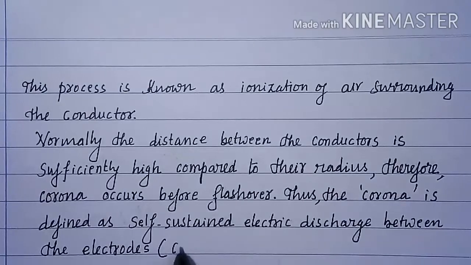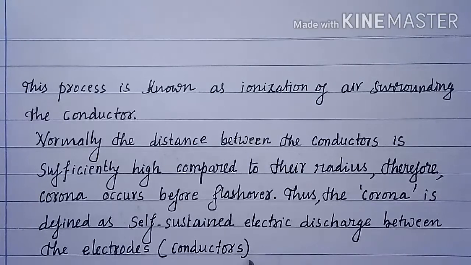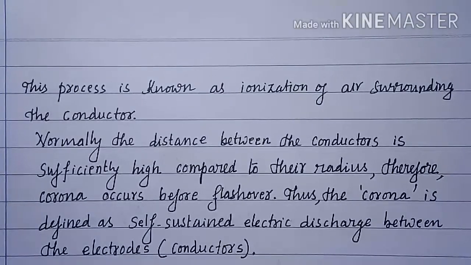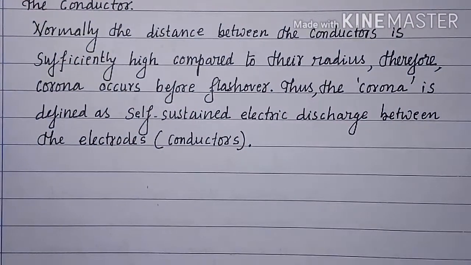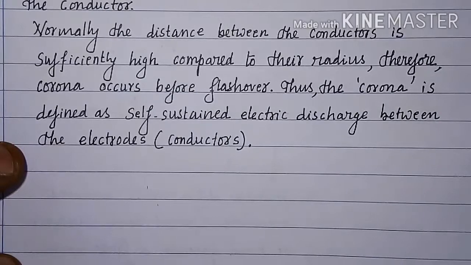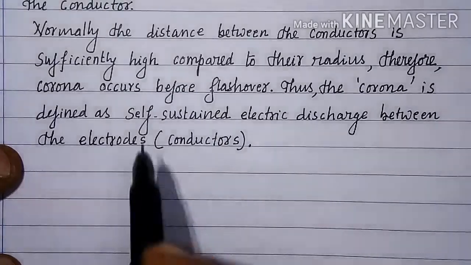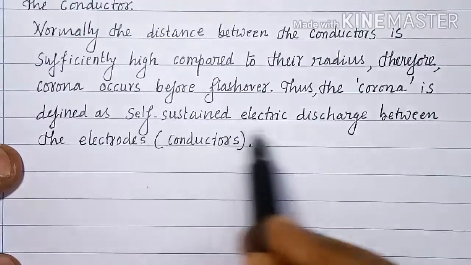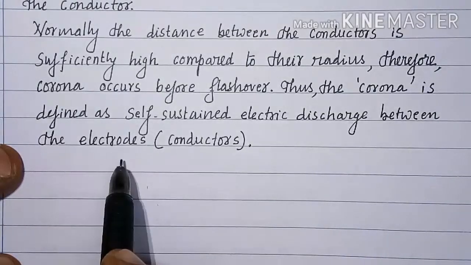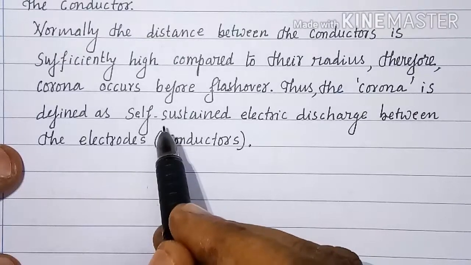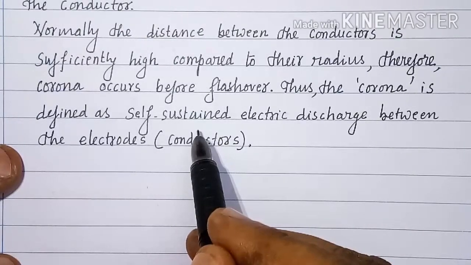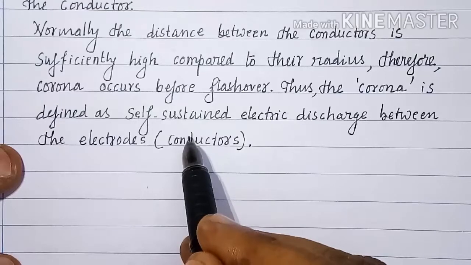Here electrodes are conductors for us. Self-sustained electric discharge between the electrodes means it is a phenomenon which keeps on occurring on its own.